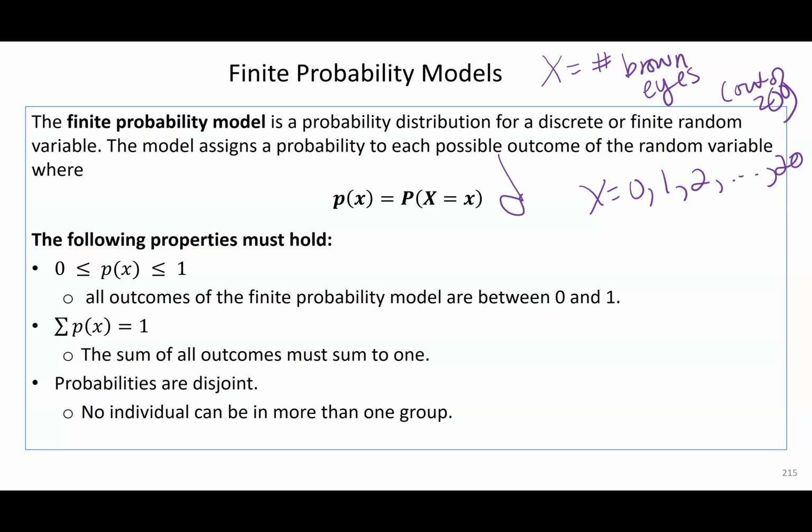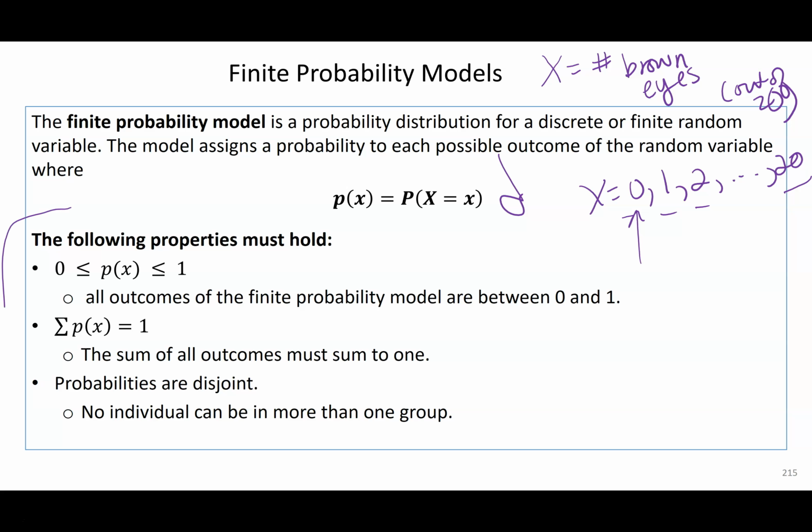What this finite probability model does is it lists every possible value it could be and the probability that you see it be that value. So, hey, what is the probability that you ask 20 people if they have brown eyes, and 0 of them have brown eyes?